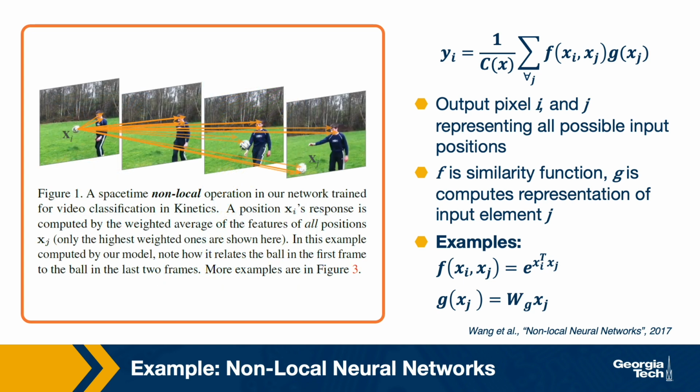Here's an example from the paper showing what was learned. This shows arrows across not just space, but also time. One of the interesting things is this summation across j can be not just for the current input, but it can also be input across time. And so what we can see is that the arrows with high weights are visualized, whereas all of the connectivity that is ignored is not shown here.